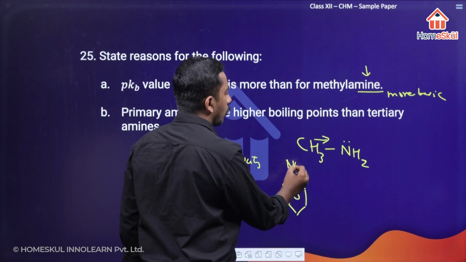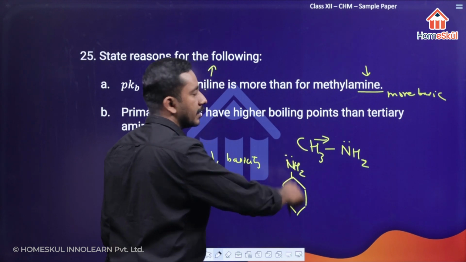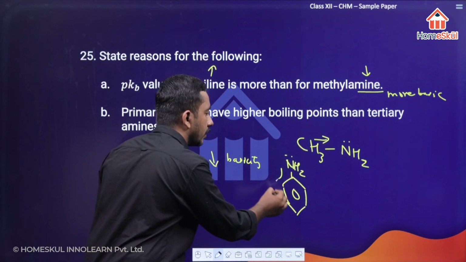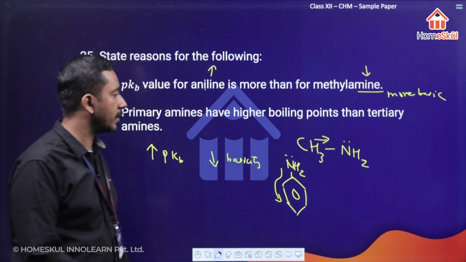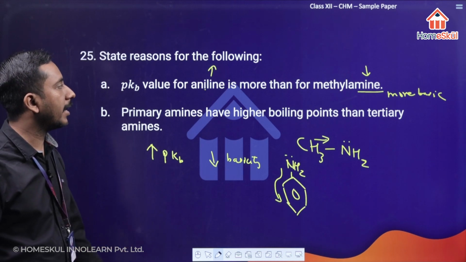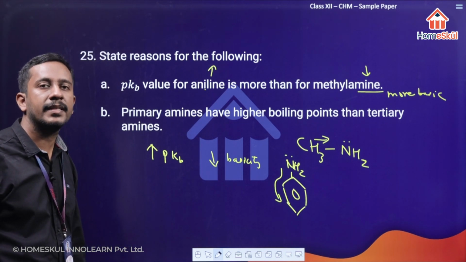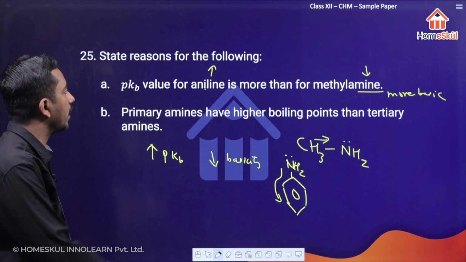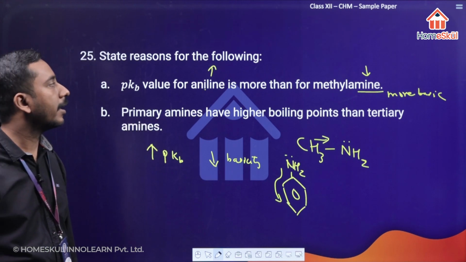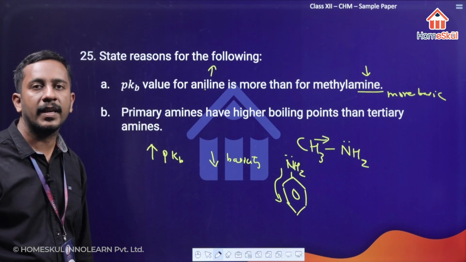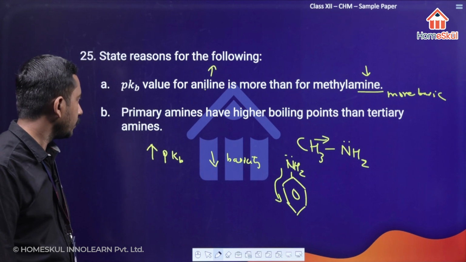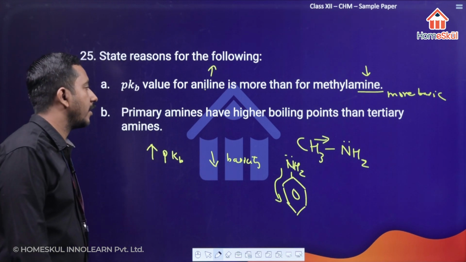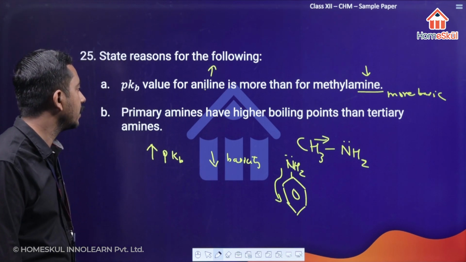So the lone pair of nitrogen in this case will be less available because it will be in resonance with the benzene ring. So if you compare, aniline will be less basic than methylamine. So that explains why the pKb value of aniline is more than that of methylamine. Okay. And the second statement, primary amines have higher boiling points than tertiary amines.